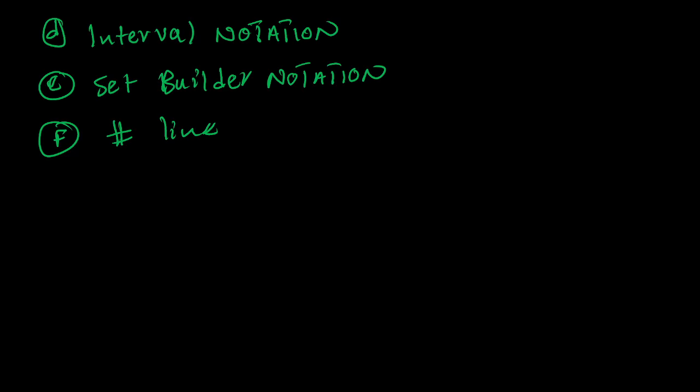So category 2 is interval notation, set builder notation, and the number line. All three are related to each other, and they are the ones your lecturer wants you to know most. We'll talk about them later on.